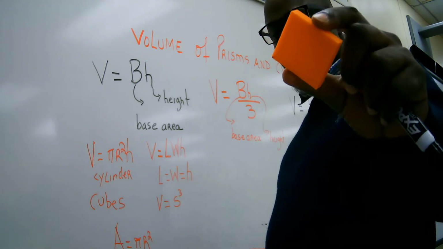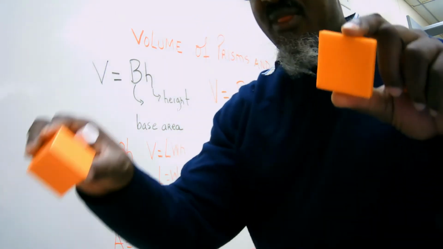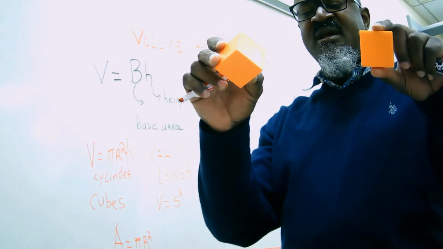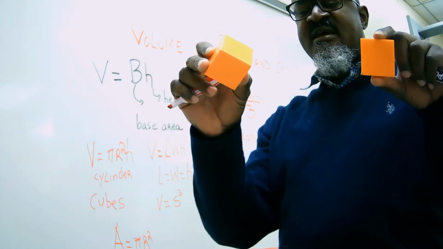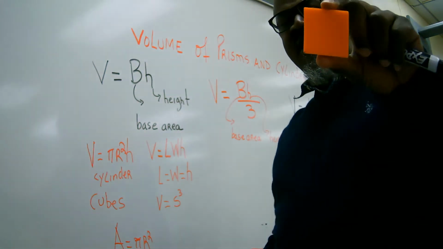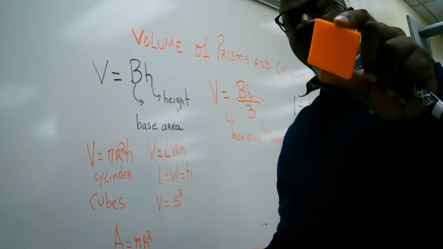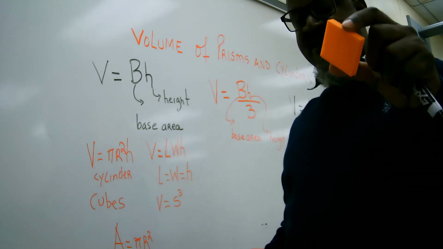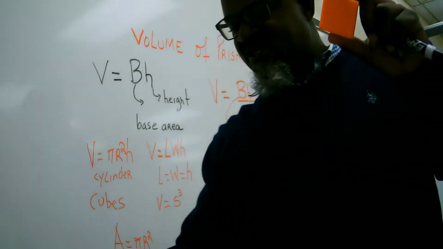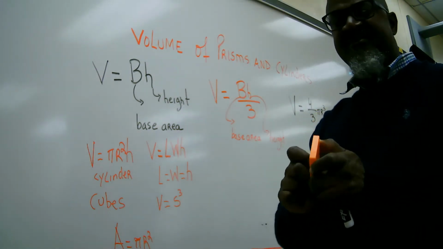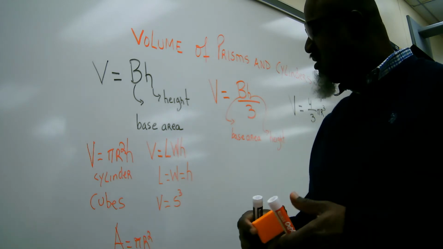So the difference between a cube and a rectangular prism is that for the cube, all the dimensions are the same. The width, the height, and the length are equal. For a rectangular prism, they are not equal. The length is longer than the width, and whatever the height is. So there's a chance that the numbers are going to be different, whereas for a cube, the numbers are the same.